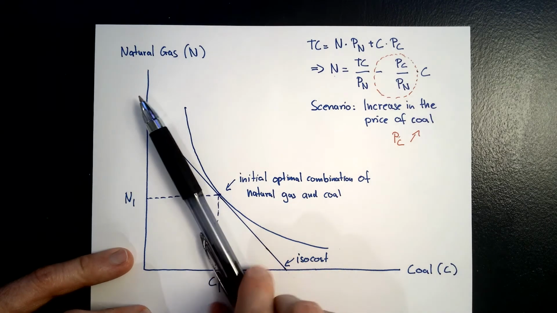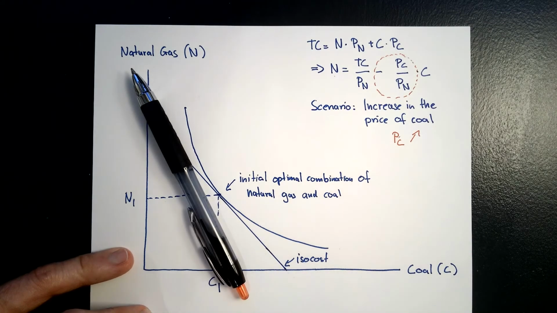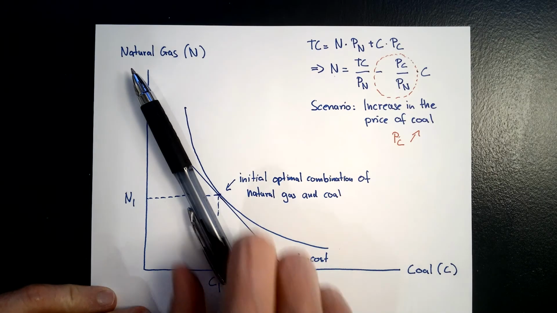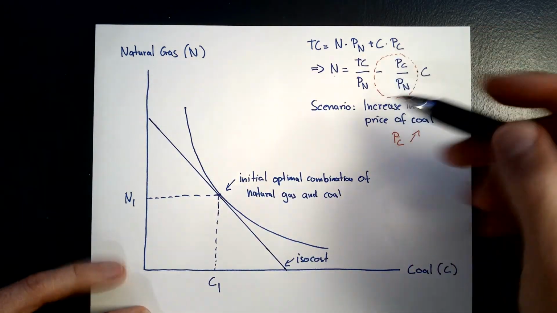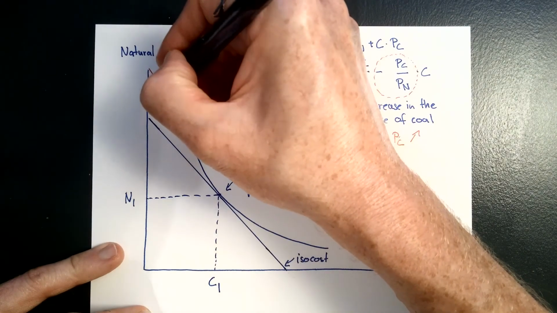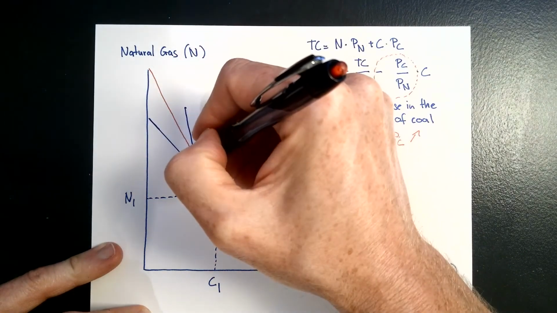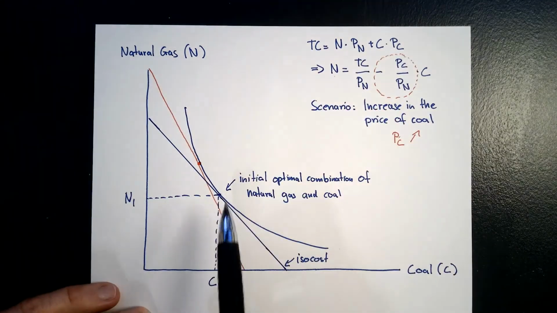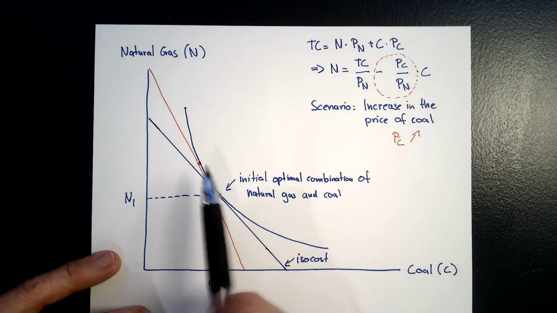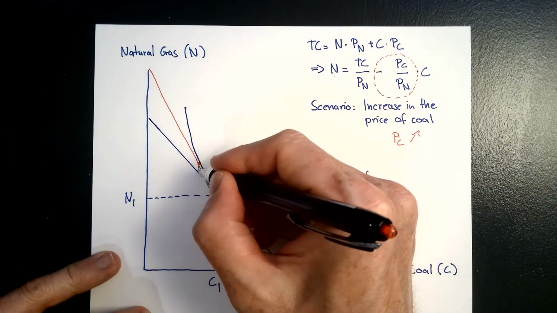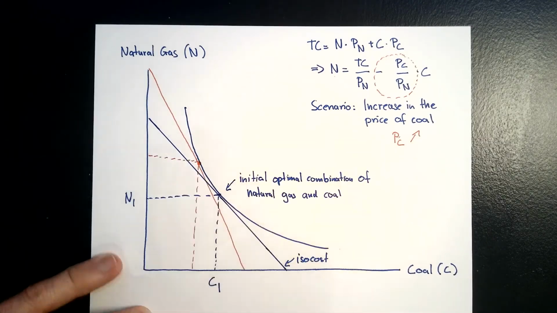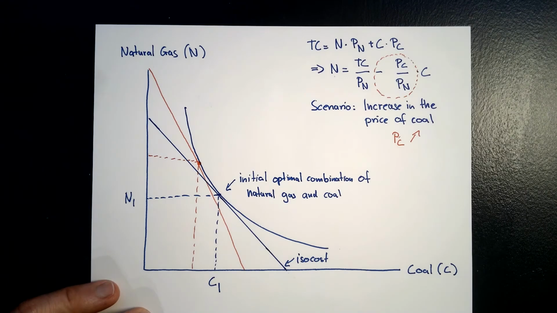Now, when we assume that the firm can actually choose the quantity of natural gas and coal, then if the slope gets steeper, we are now in the situation where we have a new tangent here, which now represents the new combination of natural gas and coal to produce electricity.